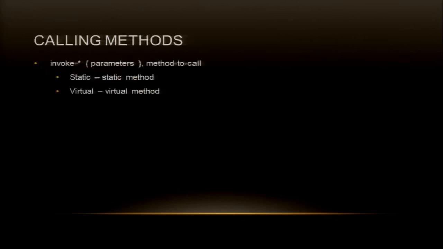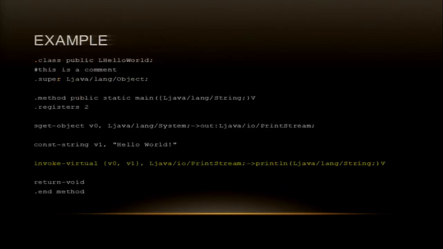Calling methods. Whenever you see invoke, that means it's calling another method. The first part will be whatever parameters within brackets, and then the method to call. You'll see invoke-static for invoking a static method, and invoke-virtual for invoking a virtual method. And here's the example.